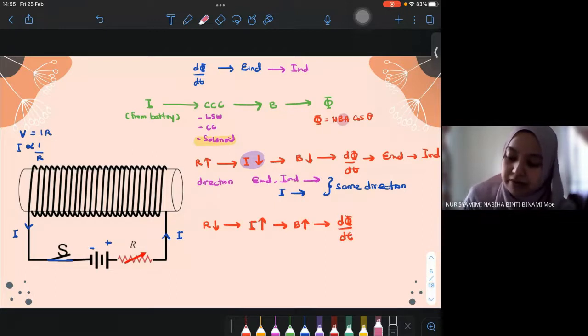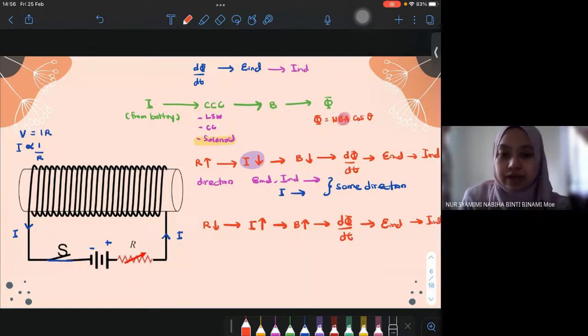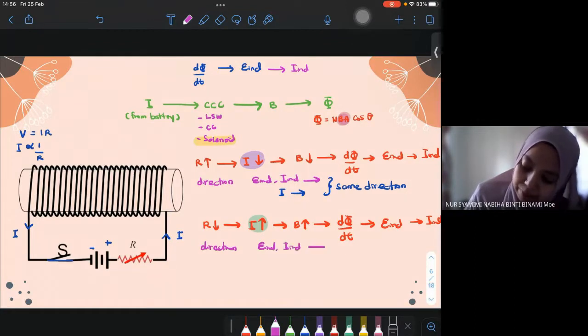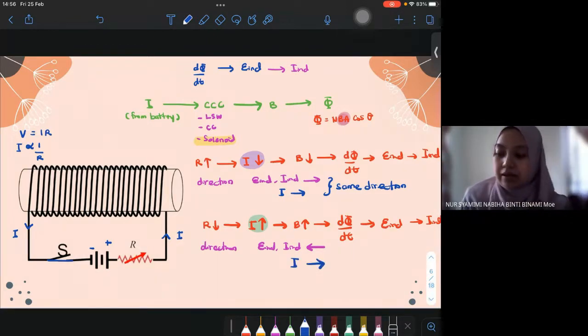Kenapa? Sebab formula flux ada B. So bila ada perubahan flux sama juga akan menghasilkan E induced dan akan menghasilkan I induced. Dan tengok direction pula, bila I increase, the direction of E induced dan I induced akan opposite direction of the current yang asal. Dia ialah opposite direction.